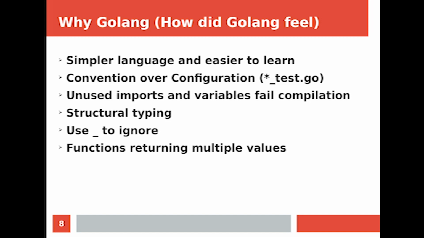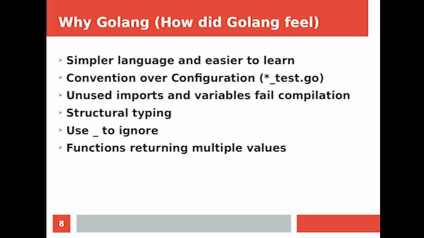And the idea of structural typing was quite useful as well. And other little features, like if you want to ignore the output of a particular parameter or a function or a method, using underscores was quite useful. And functions returning multiple values is a feature that is in a way available in programming languages like C#.